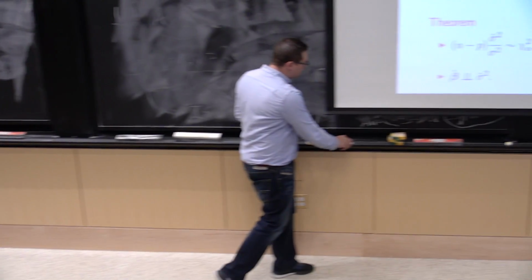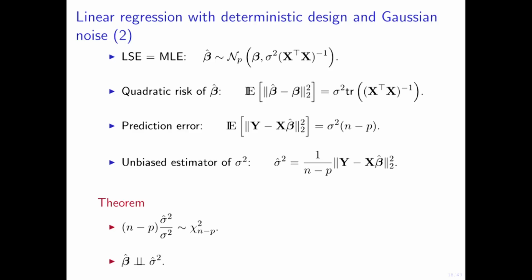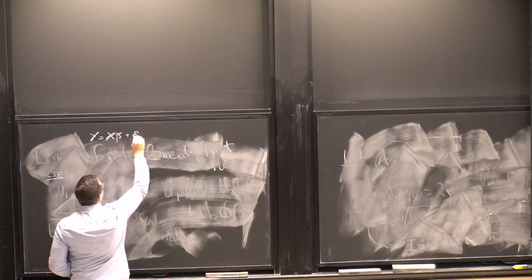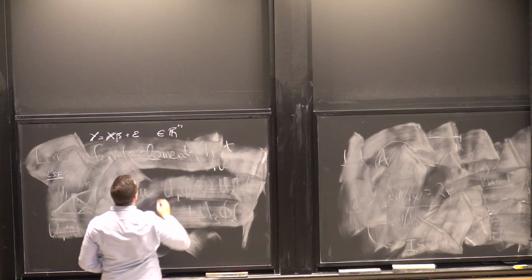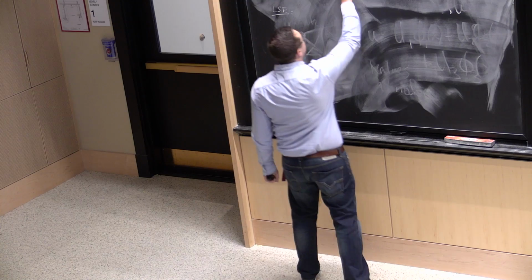Okay, so going back to our estimator, we showed that the least squares estimator, in the case where we had some Gaussian observations, so we had something that looked like this, y was equal to some matrix X times beta plus some epsilon. This was an equation in R^n for n observations. And then we wrote the least squares estimator beta hat.